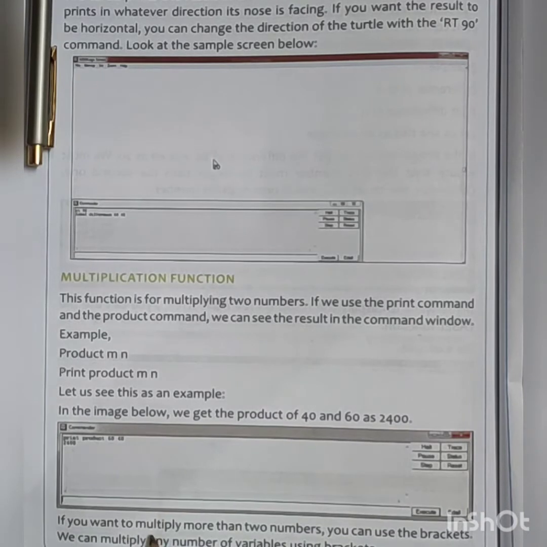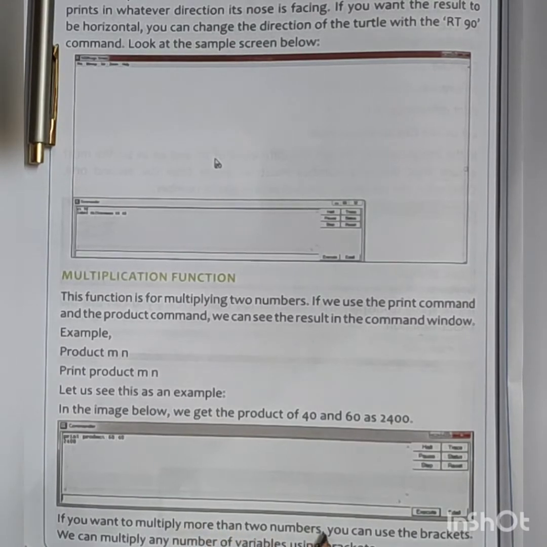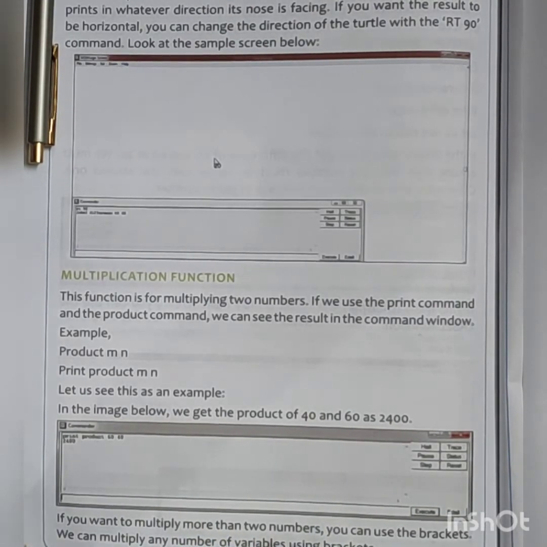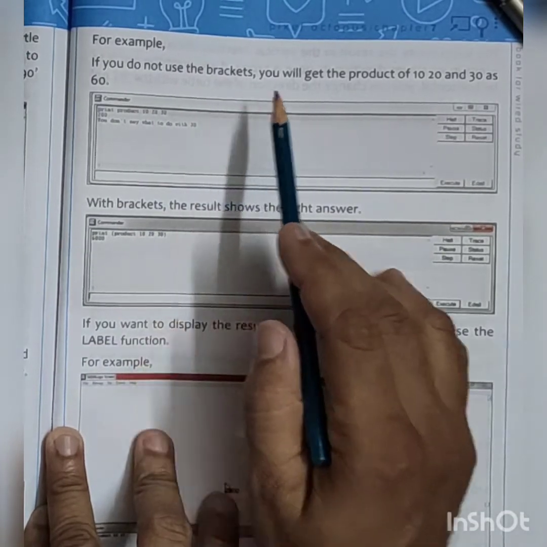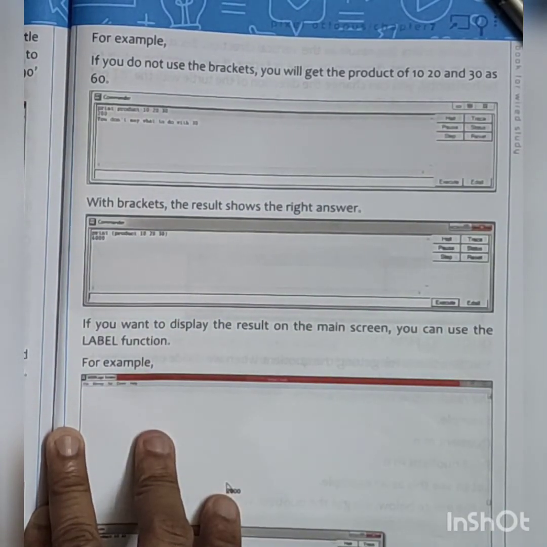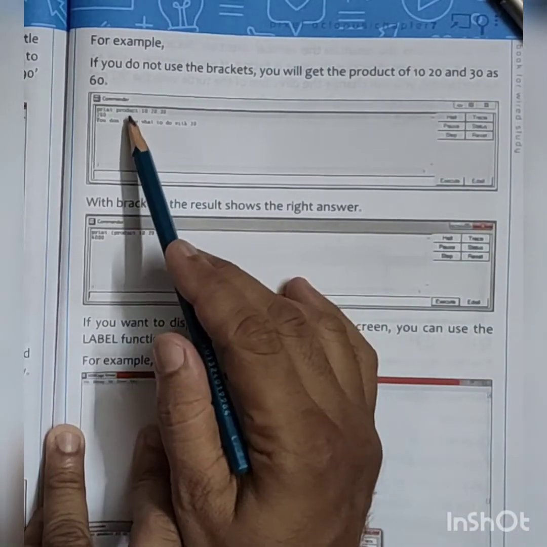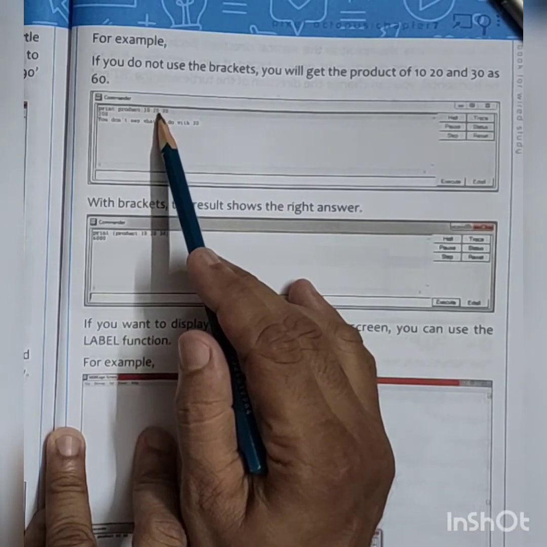2400, as you know. So if you want to multiply more than two numbers, we can multiply using brackets. Okay, I'll show you the example. There is a big importance of using brackets. Suppose I do not use brackets and give the command print product 10 20 30.